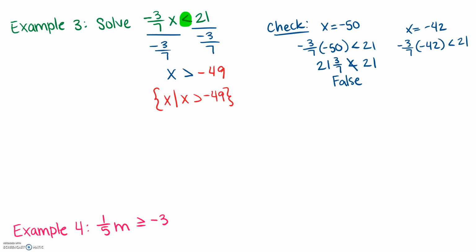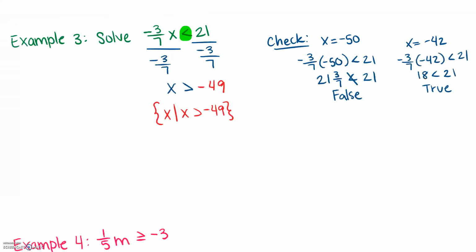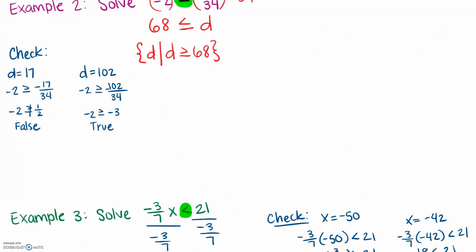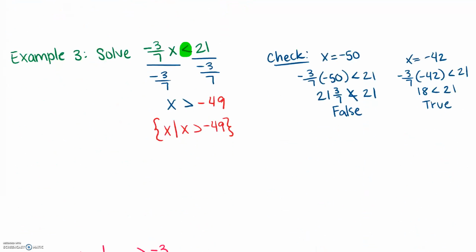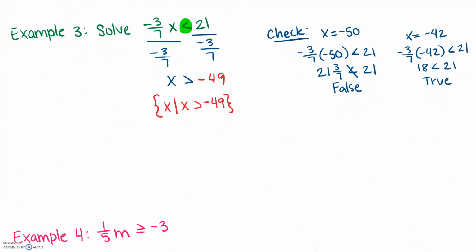Negative 3/7 times negative 42 gives me a positive 18, and 18 is in fact less than 21. So that is true. So you can see how in these last two problems, we had to reverse our inequality symbol to make it remain true in our final answer.